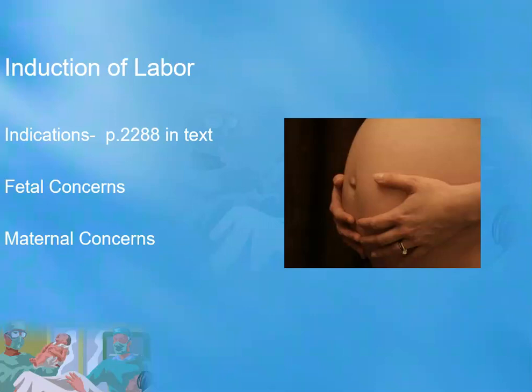So if mom is diabetic and she is having a large baby and we need to induce her at 38 weeks, that would be a reason right there because of the size of the baby. It's better to try and induce a little earlier to get her delivered from below, as opposed to waiting and then she's prone again to have a C-section. So, maternal concerns are there.